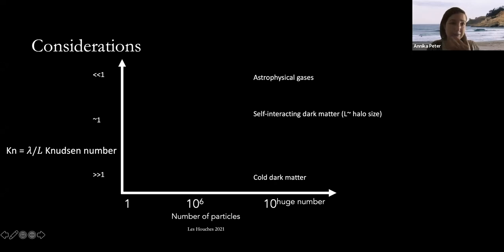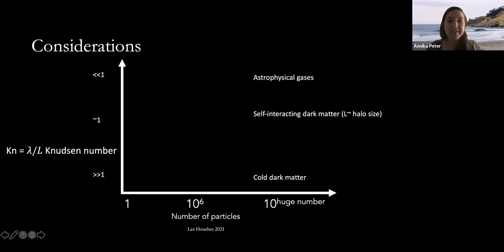Now, as I'll talk about a bit tomorrow, the tricky situation is when your Knudsen number is of order 1, which is the case for dark matter self-interactions. Then you're neither in the typical cold dark matter limit that a lot of simulations are pros at describing, nor in the regime of astrophysical gases, for which there's a whole body of techniques.